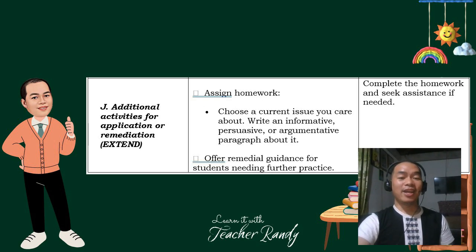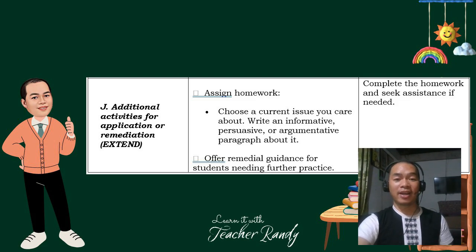Letter J is the last phase, which is additional activities for application or remediation. This belongs to the last E, Extend. This step reinforces and extends learning, allowing students to apply skills in new or challenging contexts.